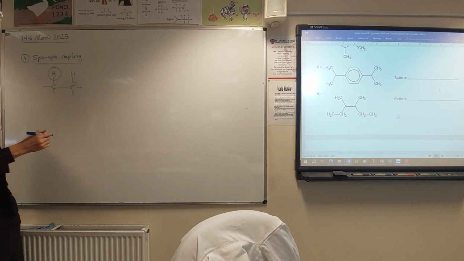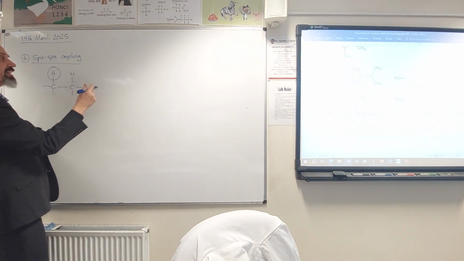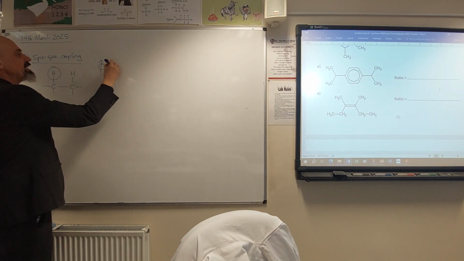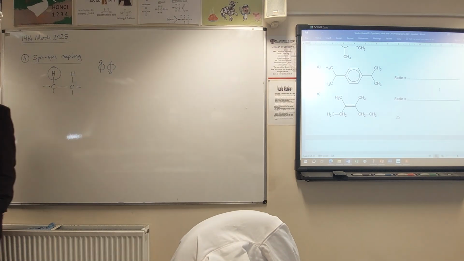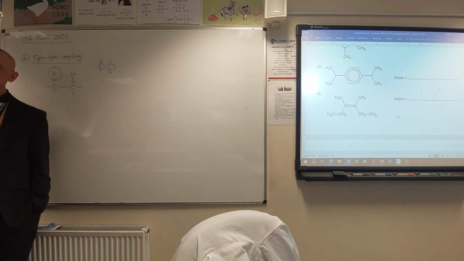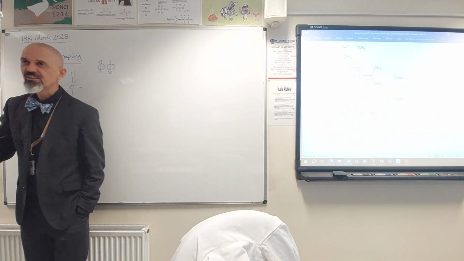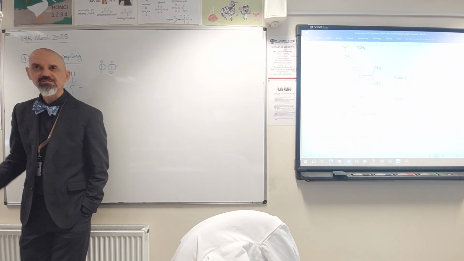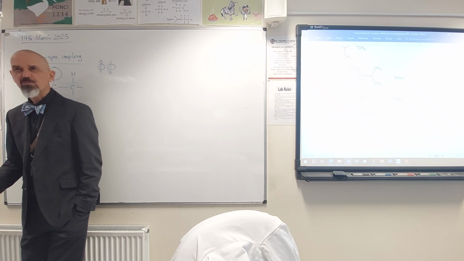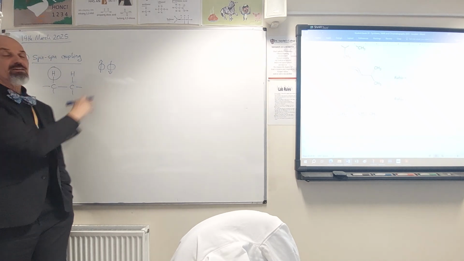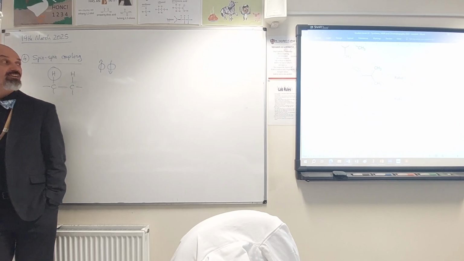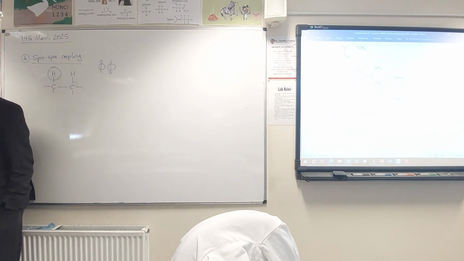Of course, that proton can be in one of 2 states, right? The nucleus can be one of 2 states. It could either be spin up or it could be spin down. Because there are millions, billions, trillions of molecules in your sample, you're going to end up with roughly a 50-50 ratio of spin up and spin down nuclei adjacent to this hydrogen.